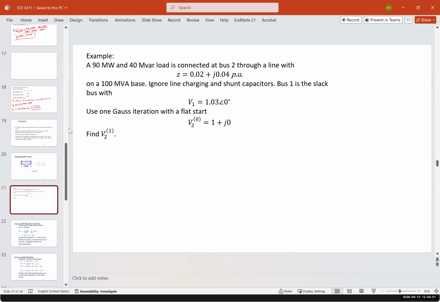Bus 1 is the slack bus with V1 equal to 1.03 at an angle of 0 degrees. Use one iteration with a flat start of V2(0) of 1 plus j0, and we want to find V2(1). I'll give you a few minutes to think on it.